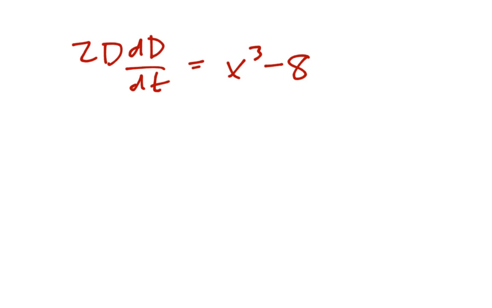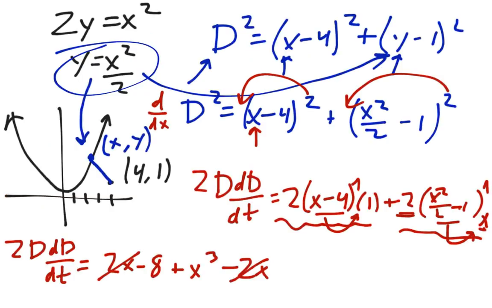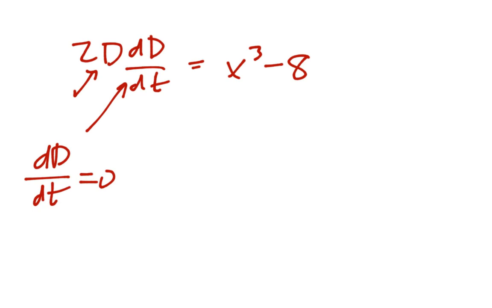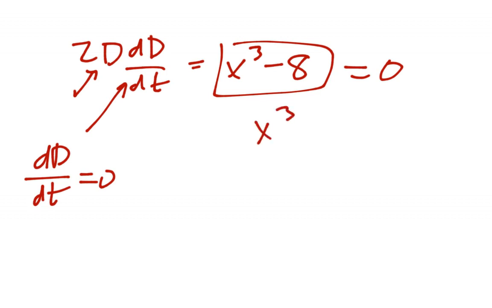Okay? And now remember that I'm looking for where dd/dx equals 0, because I'm doing my first derivative test. Well, the distance itself could never equal 0, because clearly the point 4, 1 is not on the curve. Okay? So what I'm going to do is I'm going to make this equal to 0. So let's do it. X cubed equals 8, so x equals 2.